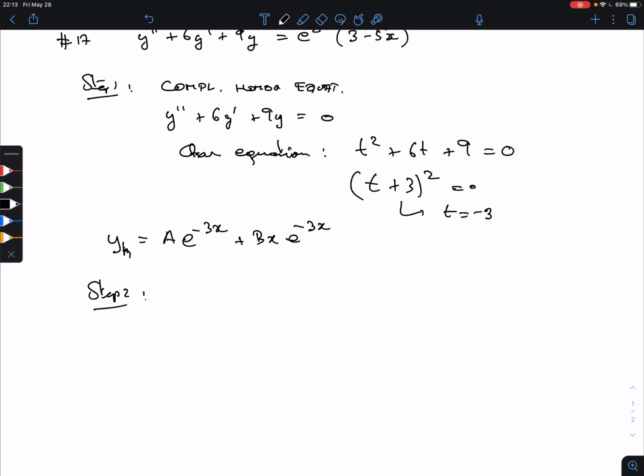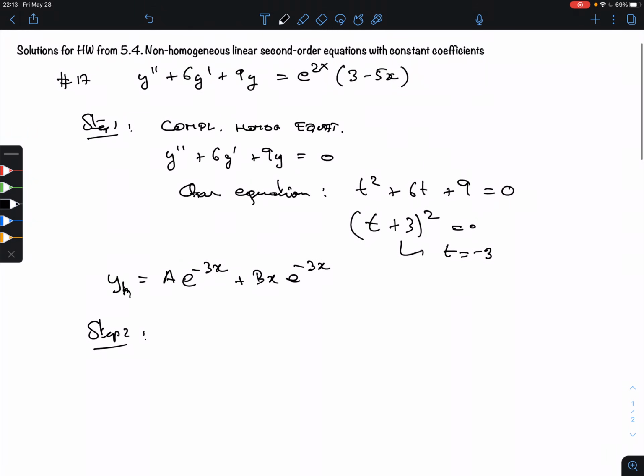So now step 2. What do we do? Well, we look at this here. This is the form that we want. The thing that matters is that alpha is 2 here. What we're going to look for is a solution of the form u times e to the 2x. Okay? So we know that u will be a polynomial.